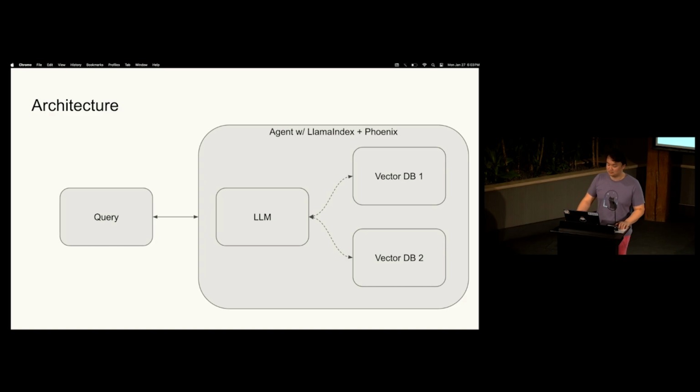The way it works is you have this big box that is just the agent itself, and the agent in this case is going to be an LLM. And I'm making two vector databases. You can use 1, 3, 5, whatever. You can use tools other than vector databases, but in a RAG application you pretty much just need a vector database.